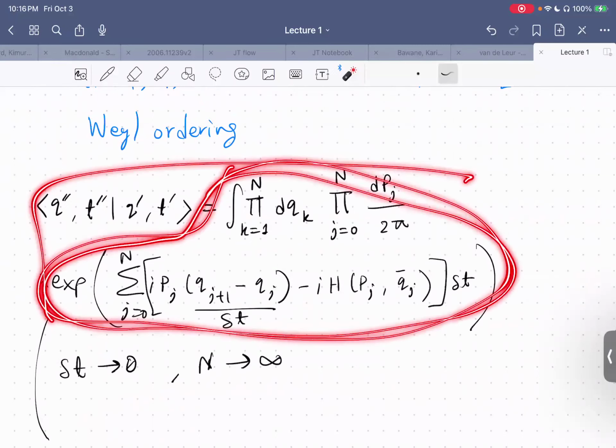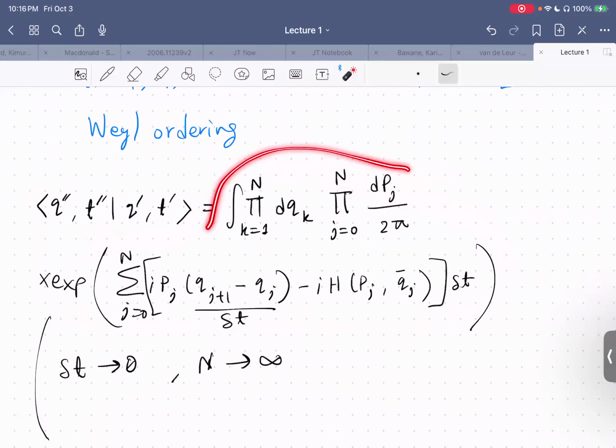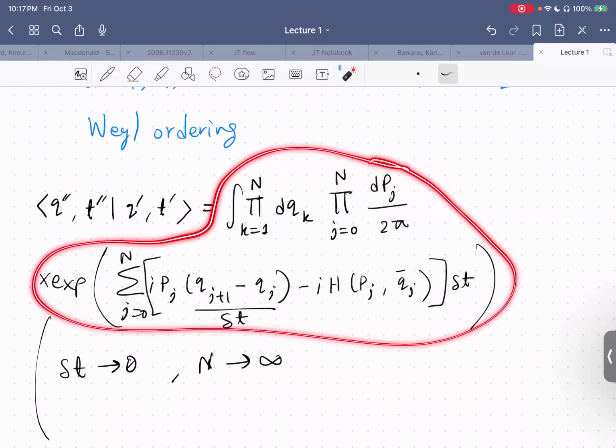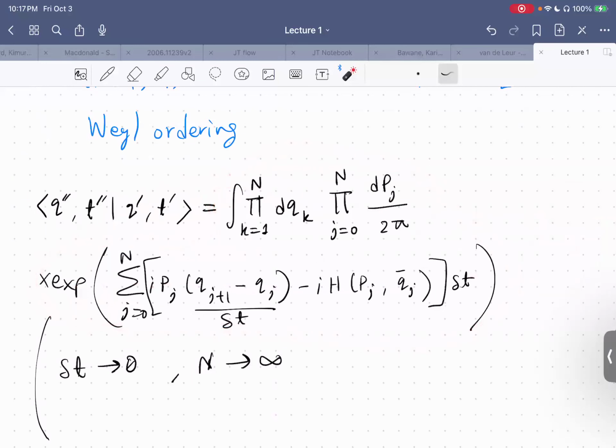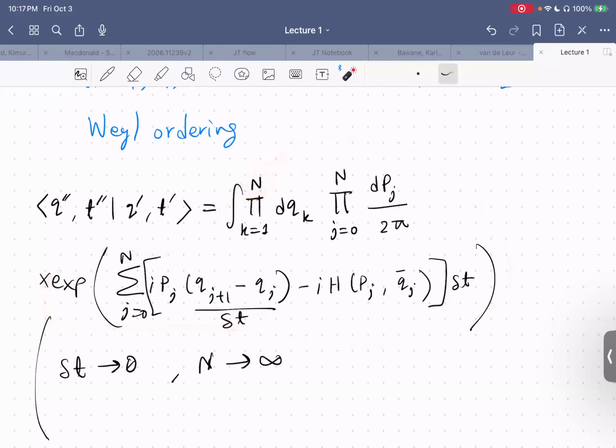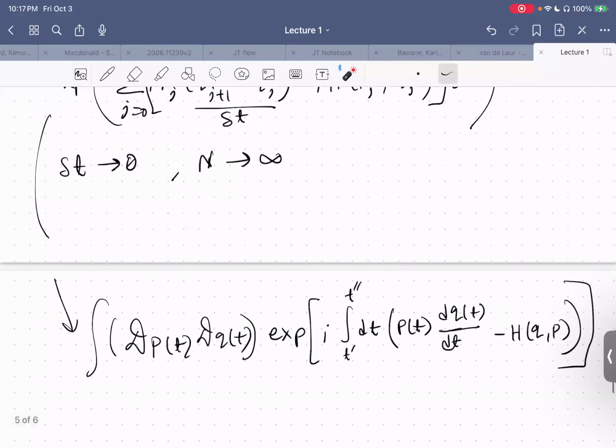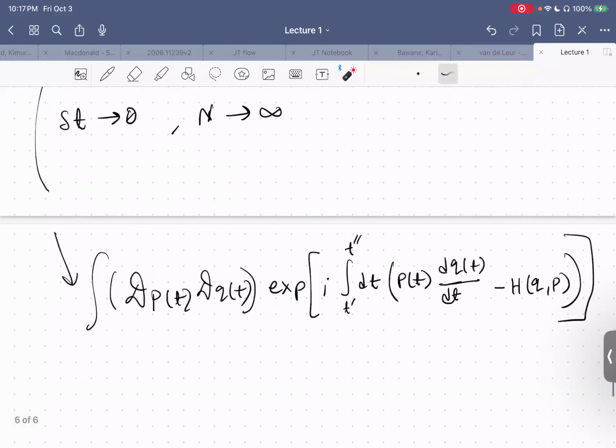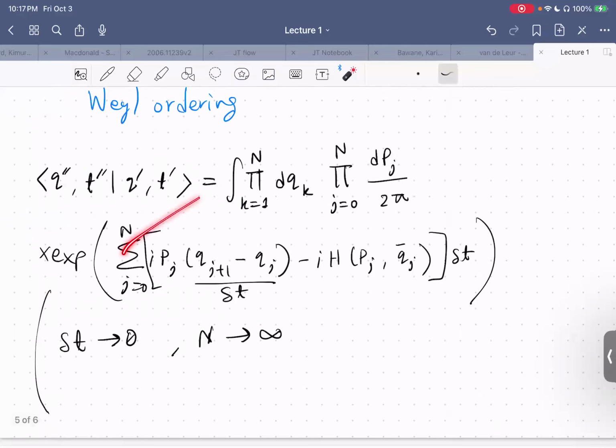This is just a completely finite product of ordinary integrations. Each ordinary integration is just over one real variable. So this thing makes sense for any finite value of n. And we will take as our definition of path integration the large n limit of this quantity.